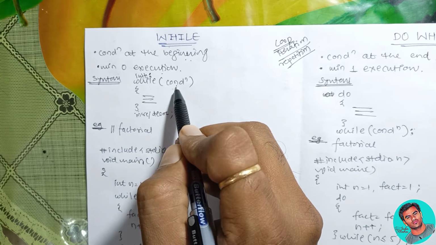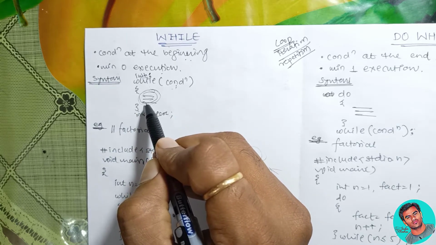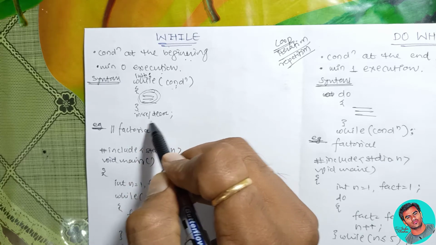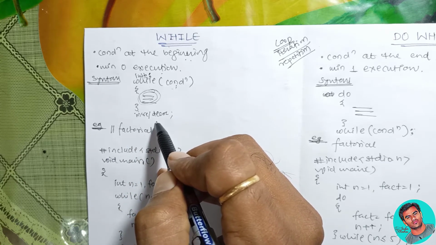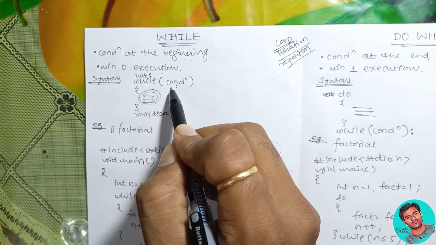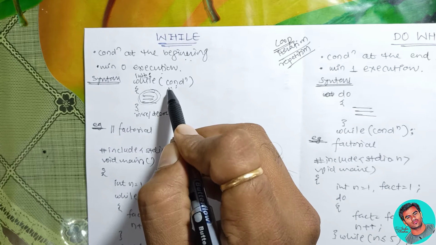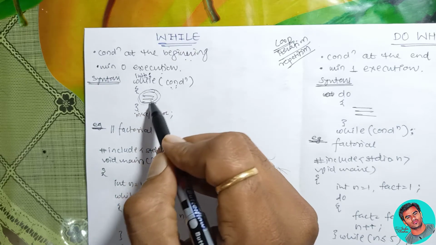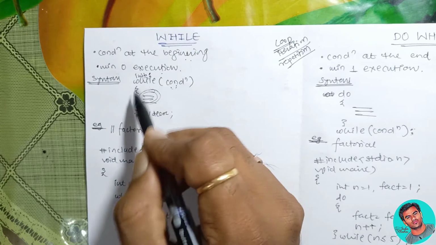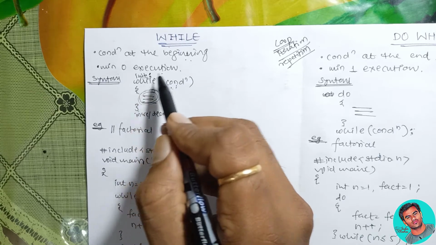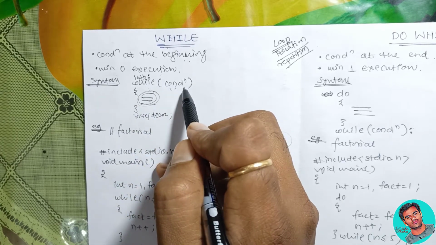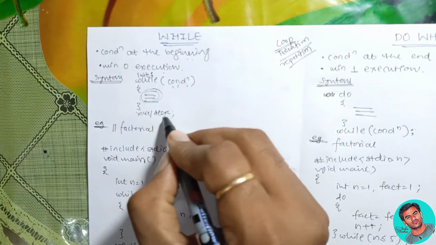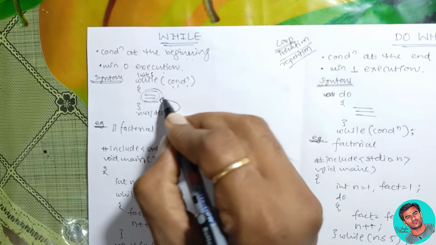If the condition is true, the statements get executed, then the initialized variable is incremented or decremented, and the program comes back to the condition with the new value of that variable. The condition is checked again, the statements execute, and this loop will continue its iteration until the condition becomes false. Sorry, I wrote the increment and decrement statements here, but they are in between these statements.